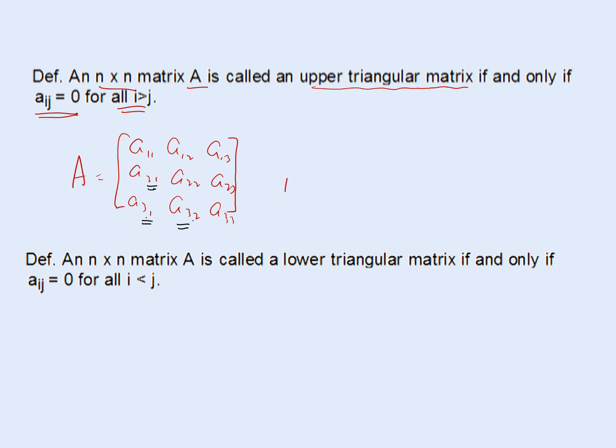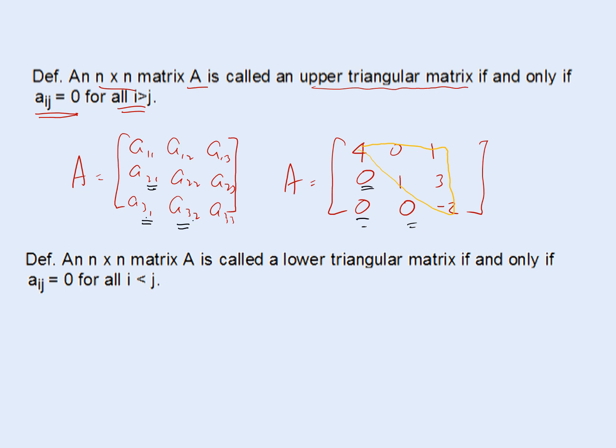So say A is equal to 4 0 1, 0 1 3, 0 0 and say negative 2. As you observe, the non-zero elements, not all zeros, are found along the main diagonal and above the main diagonal. All the rest are zeros. So it's an upper triangular matrix.